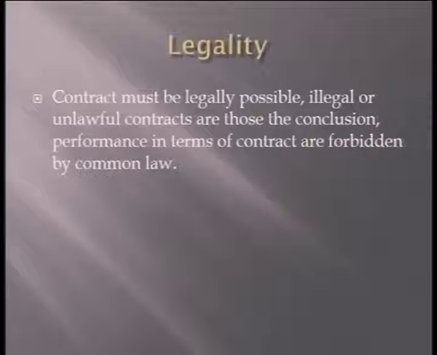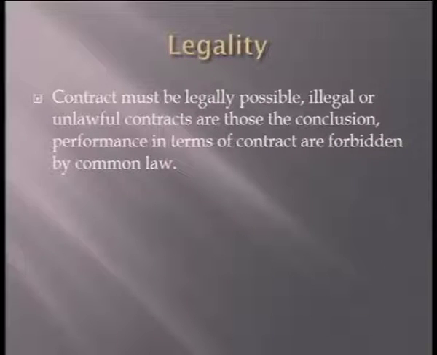Legality: a contract must be legally possible. Illegal or unlawful contracts are those whose conclusion or performance is forbidden by the common law or juristic law. For the contract to be valid, the legality must be possible. You cannot get into a contract to buy an ocean or a sea.